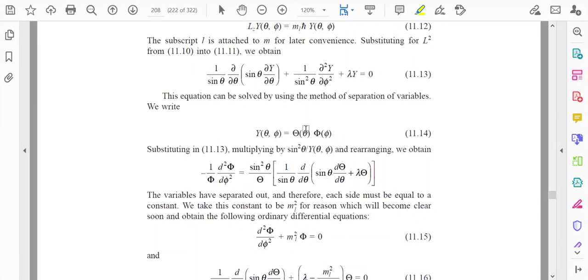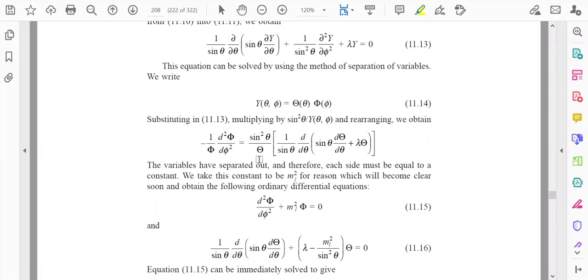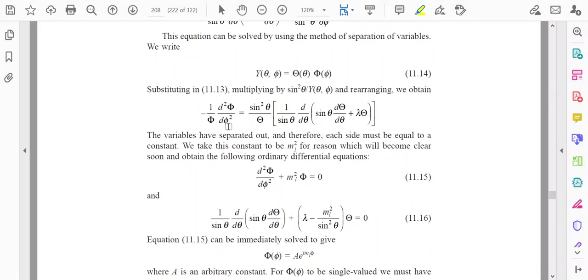So we have to substitute Y, del Y by del theta and del square Y by del phi square in equation 11.13, and after that, for simplification, you have to multiply that equation by sine square theta by Y. Then you have to rearrange. Then we will obtain this equation. That is, on the left hand side we obtain minus 1 by Phi d square Phi by d phi square, and on the right hand side we obtain an equation involving theta only.